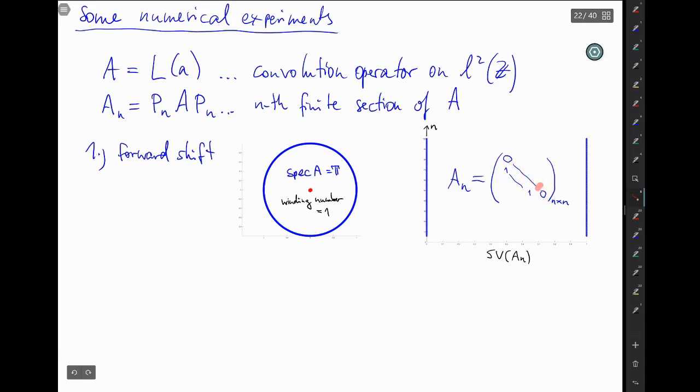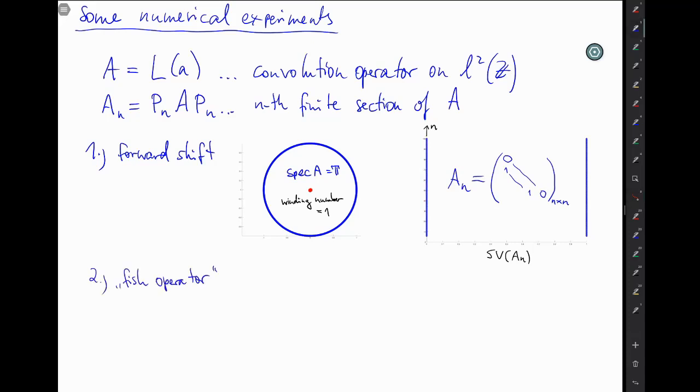So that's how you see that you have n minus 1 singular values equal to 1, which gives you this pile. So every dot of these is in fact n minus 1 dots on top of the others. And with this 1, 0, you get this pile, where here actually 1 dot is really just one singular value. Now here comes our second example.